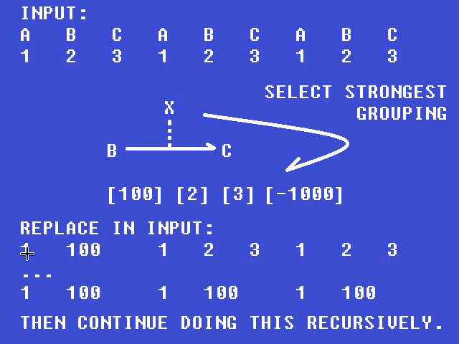So from 1, 2, 3, 1, 2, 3, 1, 2, 3, you are going to get 1, 100, 1, 100, 1, 100. This is after several replacements. You start with one replacement, then you go for another, let's say the second 100 would have been replaced, and then finally the third 2, 3 is replaced with one further 100. You do this recursively.